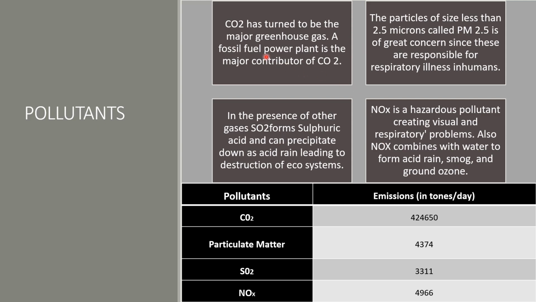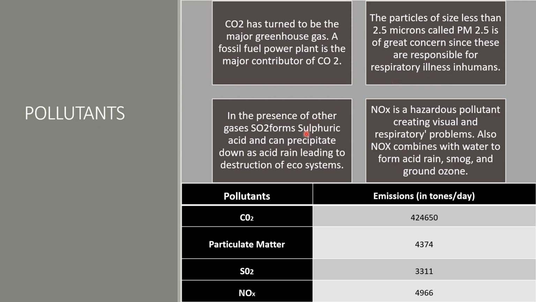CO2 is the major concern among greenhouse gases, and it is a major contributor from fossil fuel power plants. Particulate matter of size 2.5 microns, also known as PM 2.5, is responsible for respiratory illness.